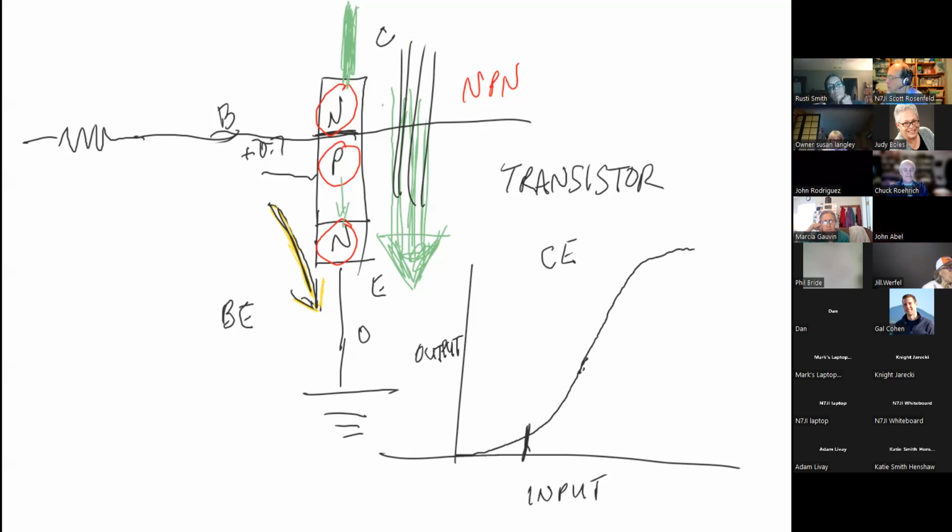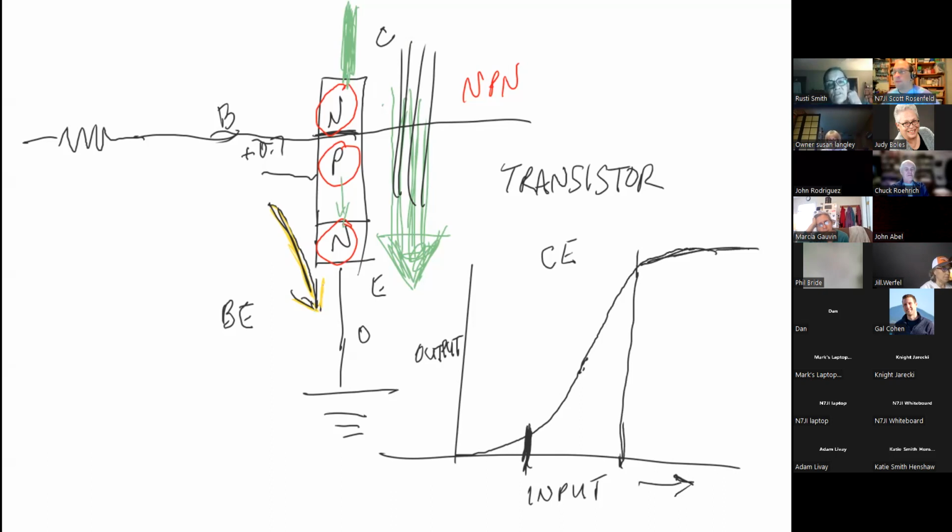In other words, up until this point, the whole transistor doesn't do anything. Above a certain point, it doesn't matter how much more we put in. The transistor is putting out as much as it possibly can. In other words, that collector to emitter channel is completely full. Which means if you put in more input, all you'll be doing is heating the thing up. You'll be adding nothing else to it.